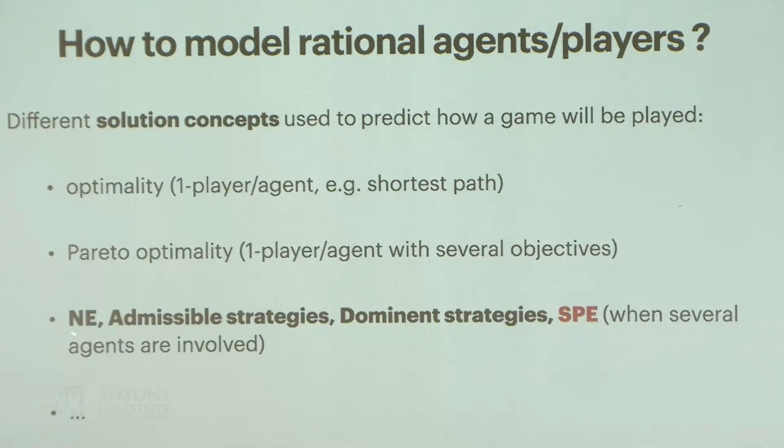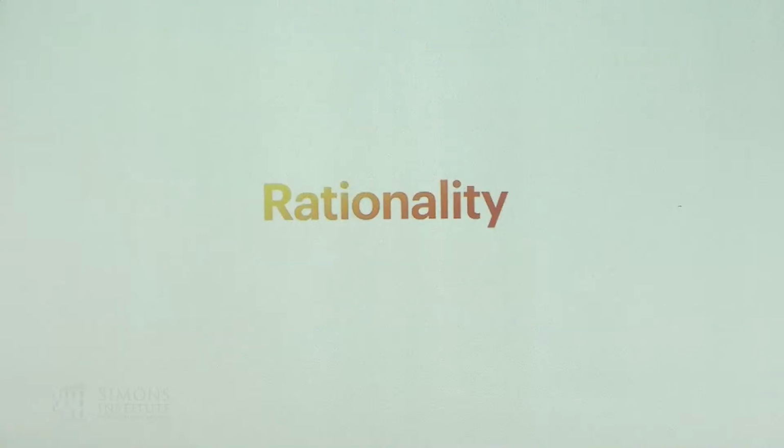There is the famous Nash equilibria. What I will speak more about today is the subgame perfect equilibria, which are a strengthening of Nash equilibria. But you also have other notions like admissible strategies or dominant strategy and so on. Okay, so that's the broad picture, and today we will concentrate on SPE.